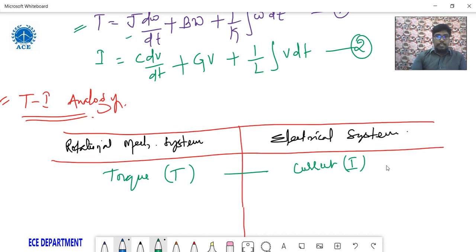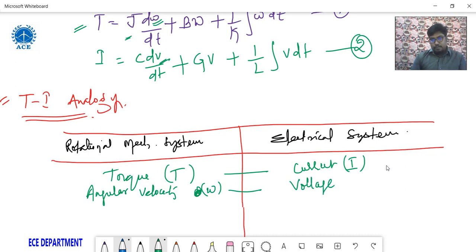Next is angular velocity omega. Angular velocity becomes voltage here. That is in electrical systems, right?